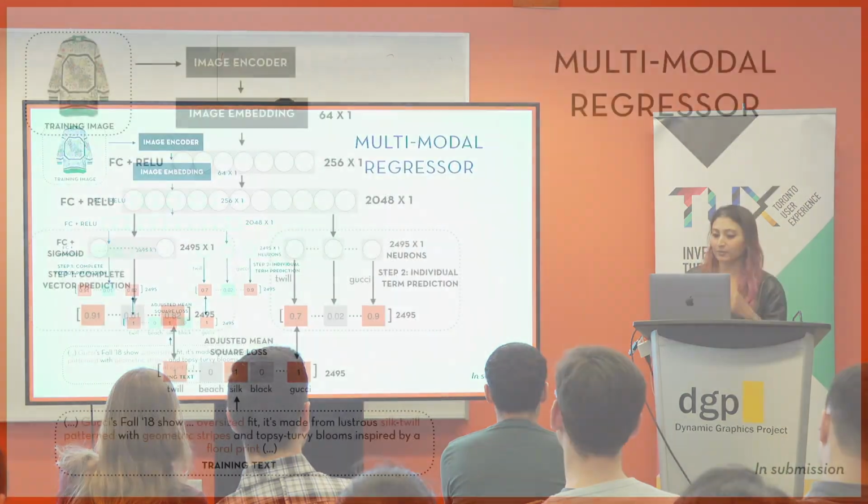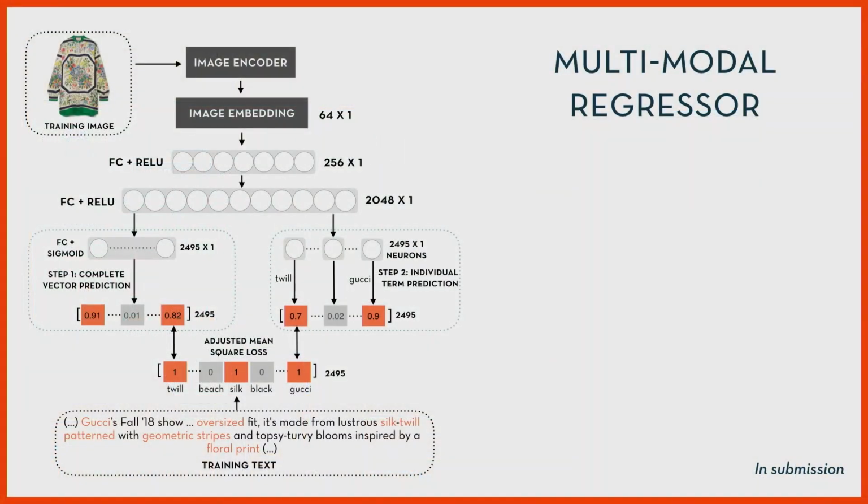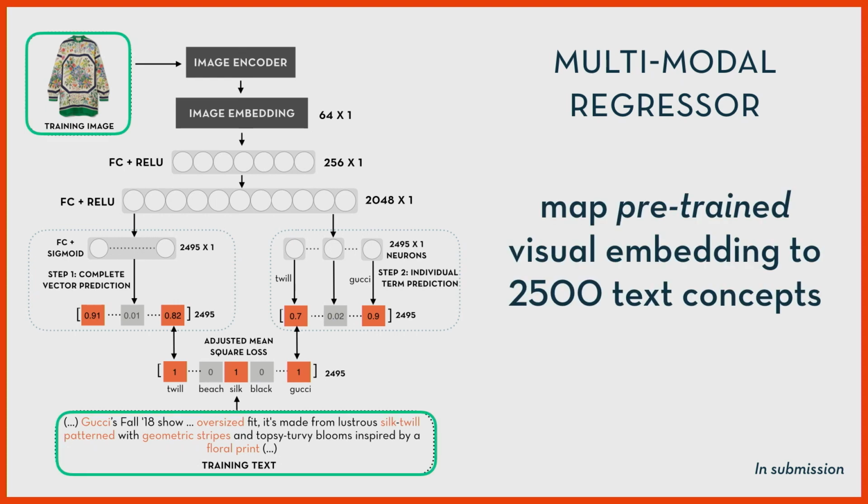And so what we ended up doing is we trained a multimodal regressor that maps images from a pre-trained visual embedding to 2,500 text concepts. So there's a few things going on here. First, we wanted a model that supports multimodal interaction. So you can input images, you can input text.